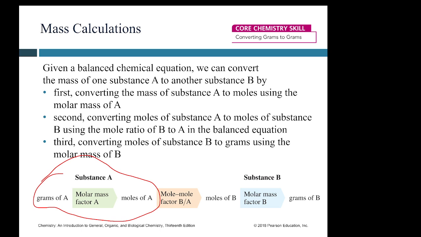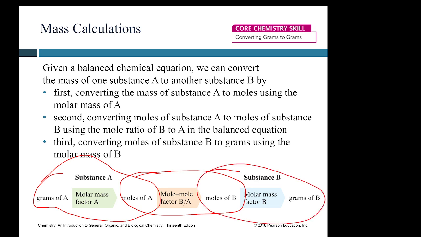And if we're in moles of one substance, then what does the chemical reaction tell us? It tells us the ratio to every other substance in the reaction, doesn't it? So we can go from moles to moles of any other substance in the reaction. And once we're in moles of that other substance, say the products, we can go back into grams by using the molar mass of that substance.